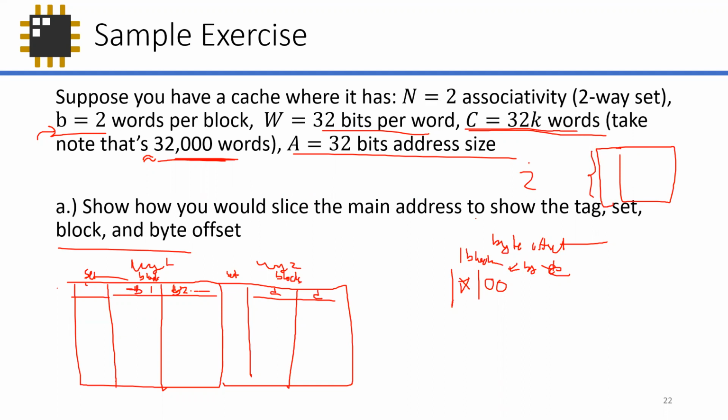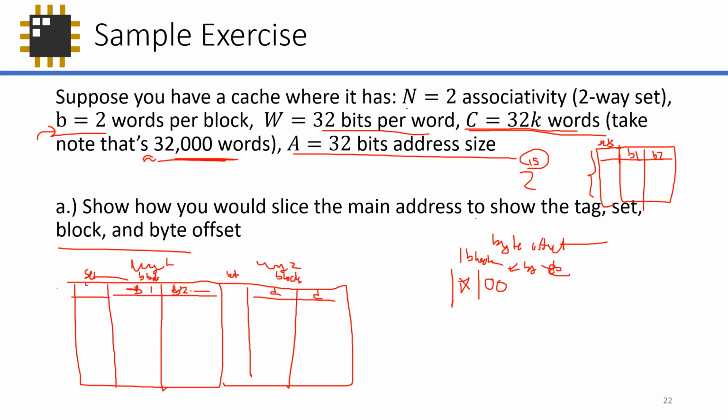So I have 2 to the 15 word selections. If it were a one-way, and each set has two blocks, block one and block two, I would need 15 bits for the set addresses to select each block.